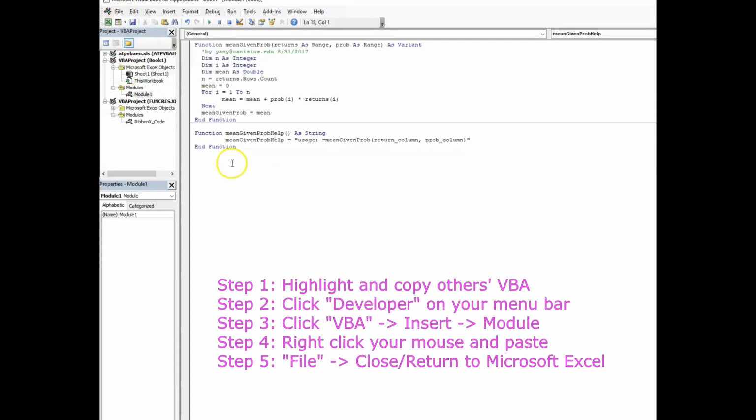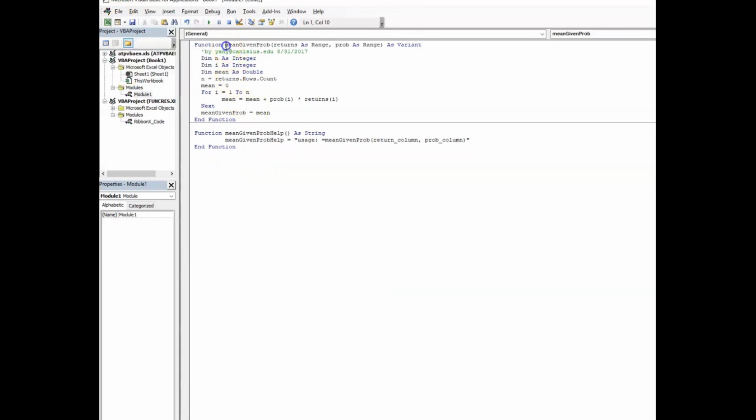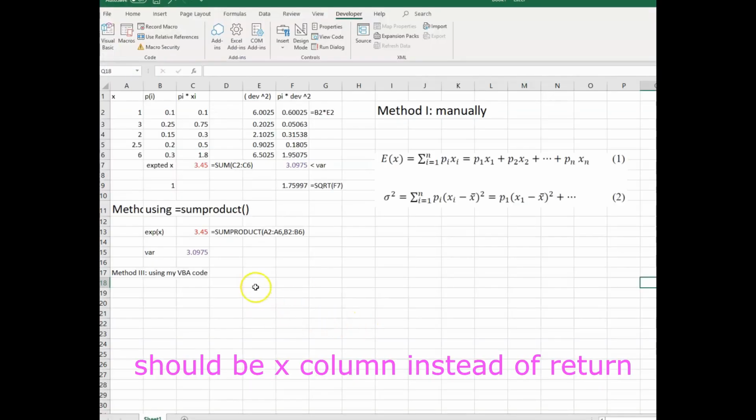Actually there are two functions. One function is called mean given probability. The second one is mean given probability help. I'm going to show you how to do it.